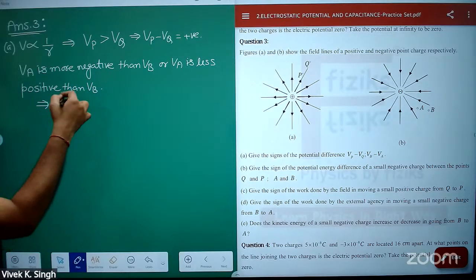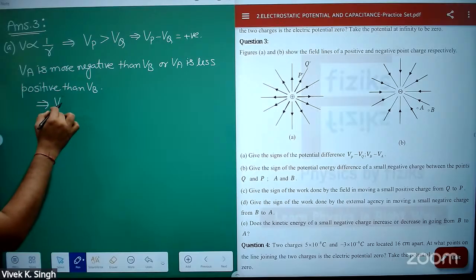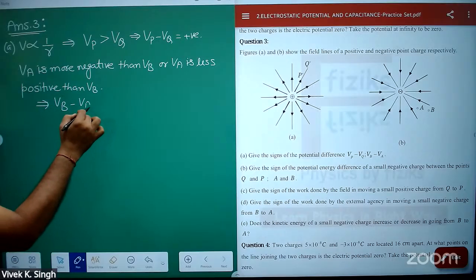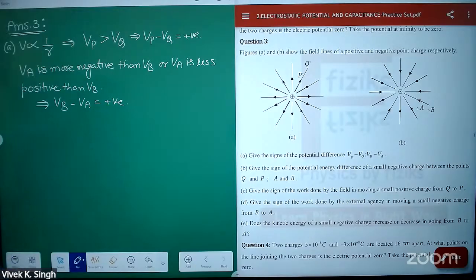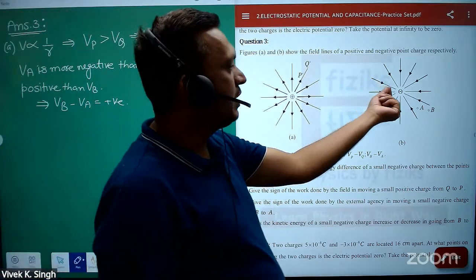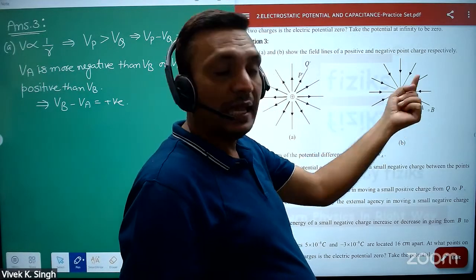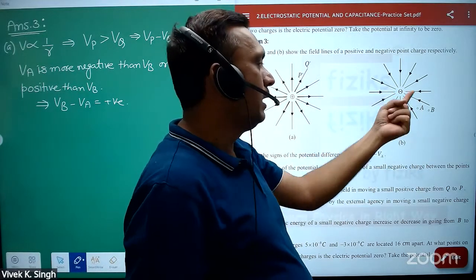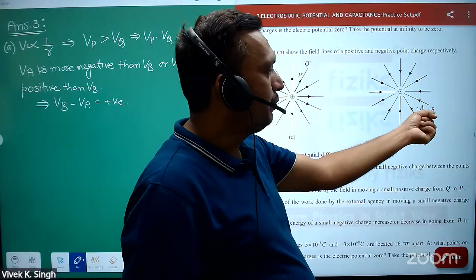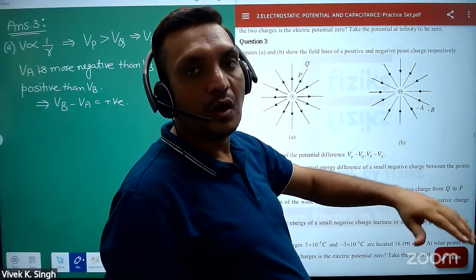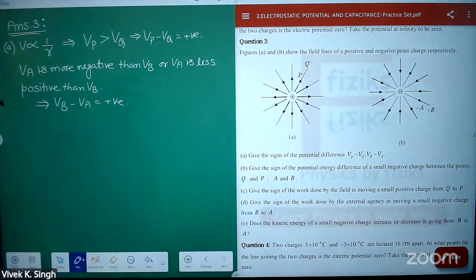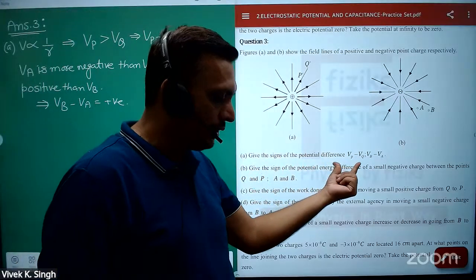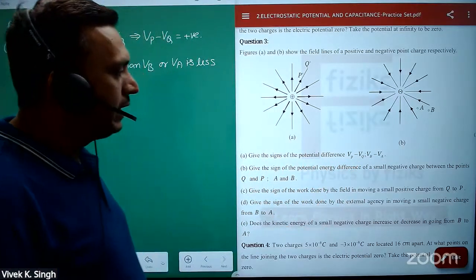So it means VB is more positive. So VB minus VA will be positive. Is it clear? Because potential will be negative, at A it will be more negative or less positive. At B, it is less negative or more positive. So VB minus VA should be positive. So that's what they have asked: give the sign of the potential difference.